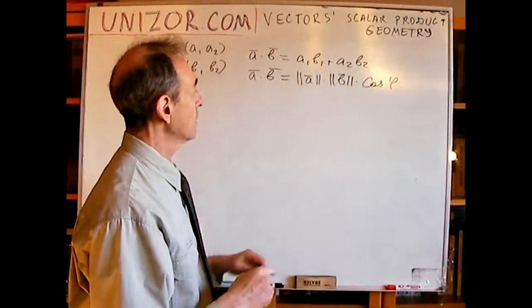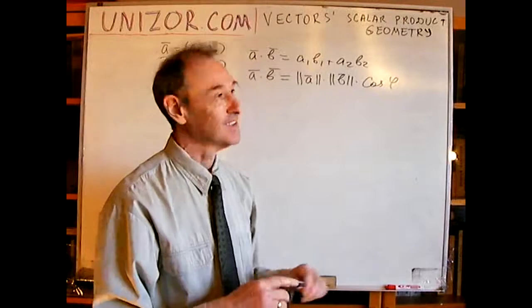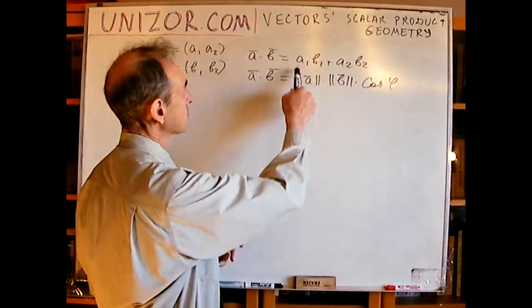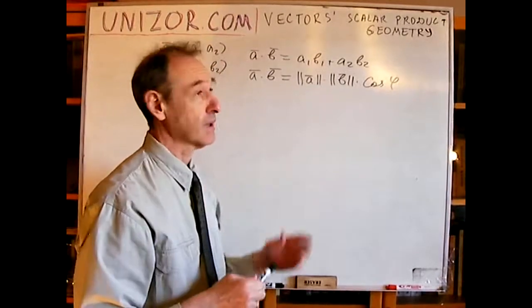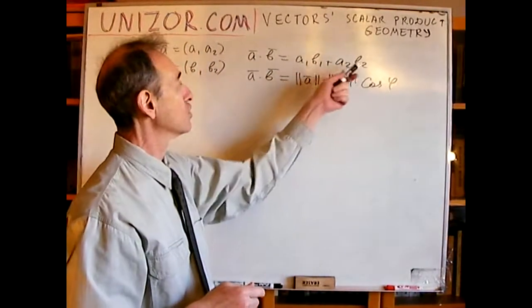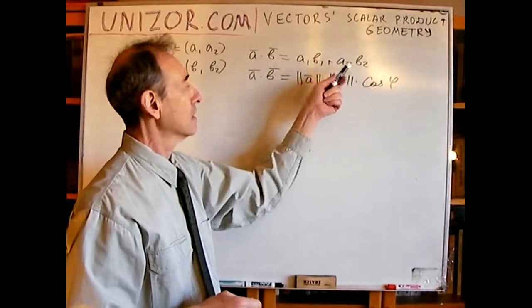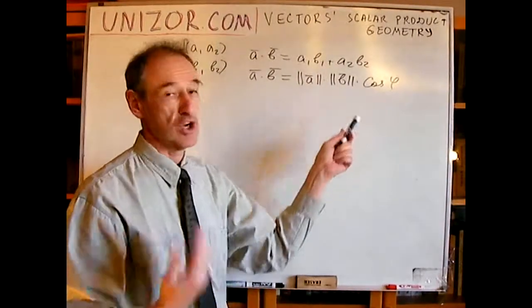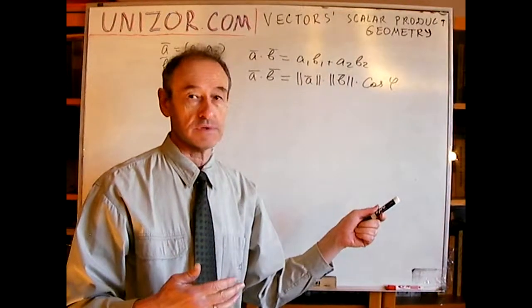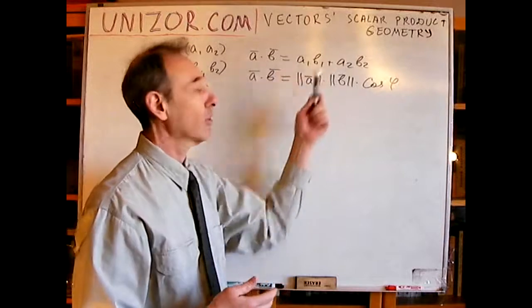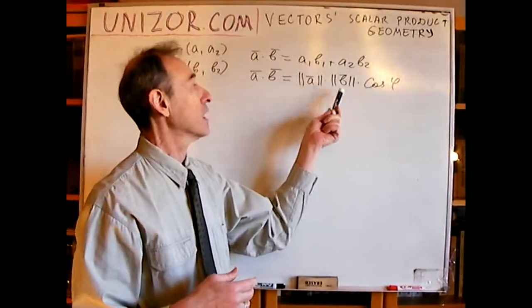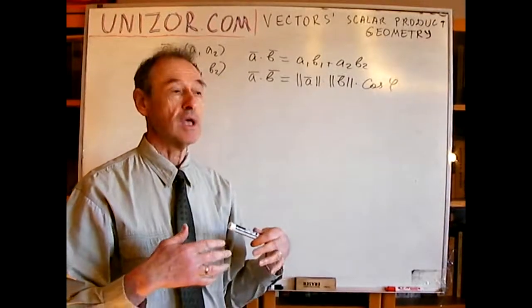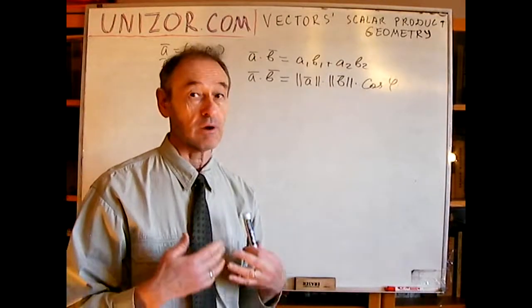It's actually quite obvious here that no matter how I change coordinates, if this is a geometric interpretation of the scalar product, the result should be exactly the same as this one, as long as coordinates are changed in a nice fashion, in an orthogonal fashion.